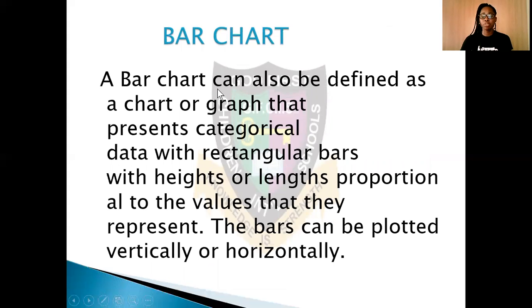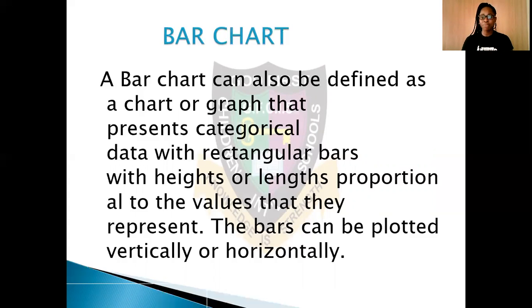Bar chart. Number 2, a graphical method of presenting data. So we'll be discussing the bar chart. A bar chart can be defined as a chart or graph that presents categorical data with rectangular bars with height or length proportional to the value that they represent.